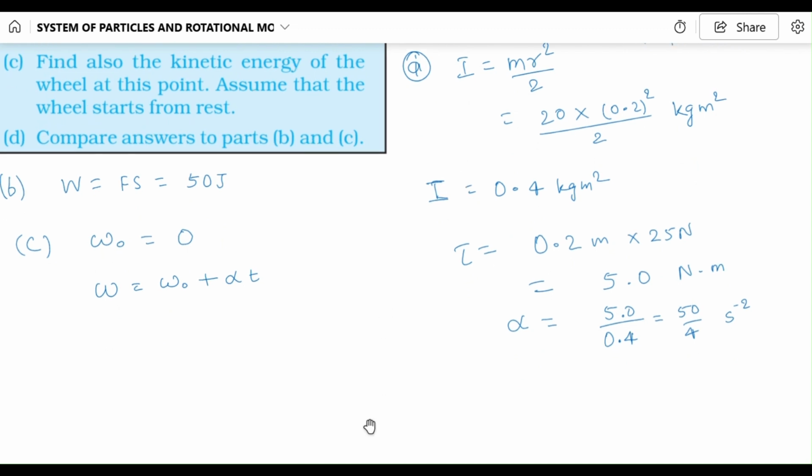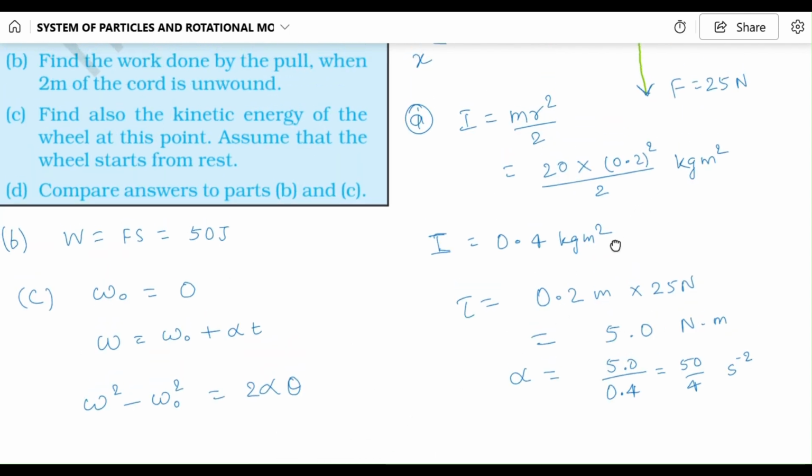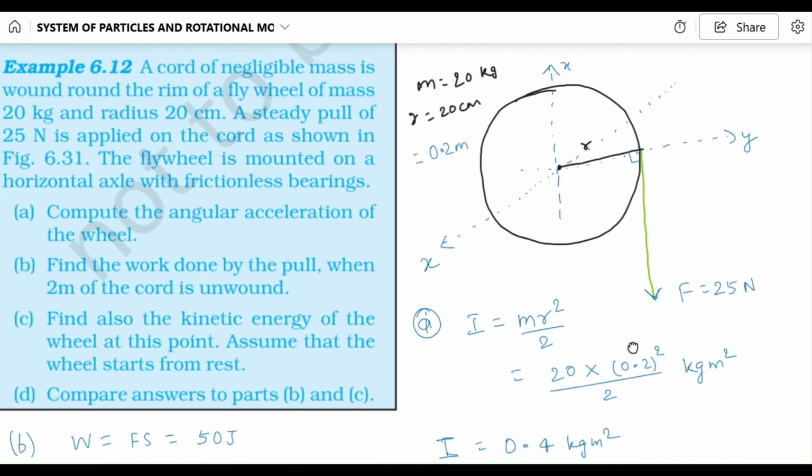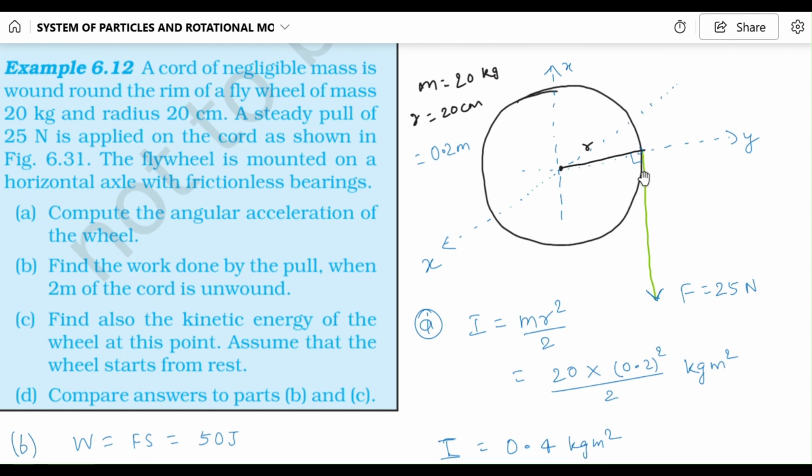So we have to apply a different approach here. We have final angular velocity squared minus initial angular velocity squared equals 2 alpha into theta. This is angular displacement, and this we can find out. So how can we find it? Look, this cord is being unwound for a length of 2 meters.